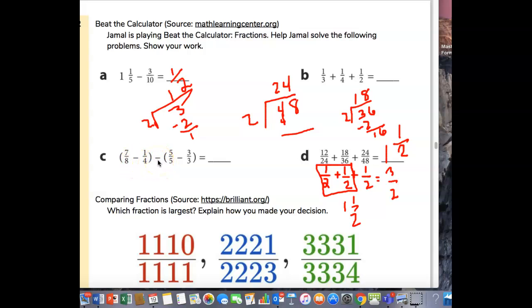And then from that, look what you're subtracting. 5/5 we already know is 1, minus 3/3, which is 1. So 1 take away 1 is 0. So whatever you get here, you're going to subtract 0 from. So the answer is whatever you get here. Okay? All right.